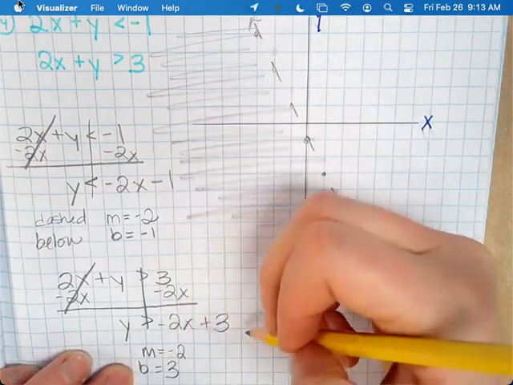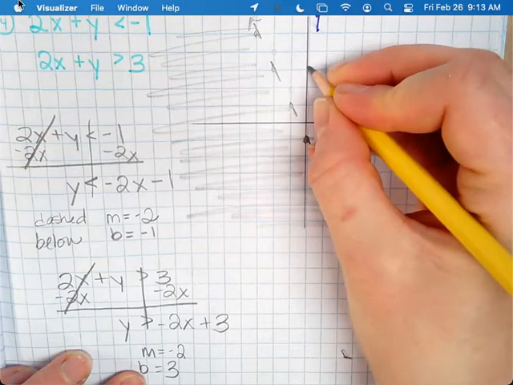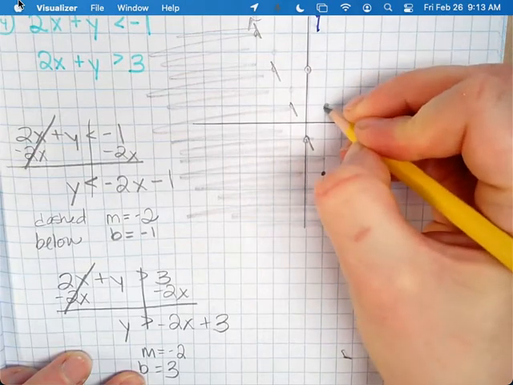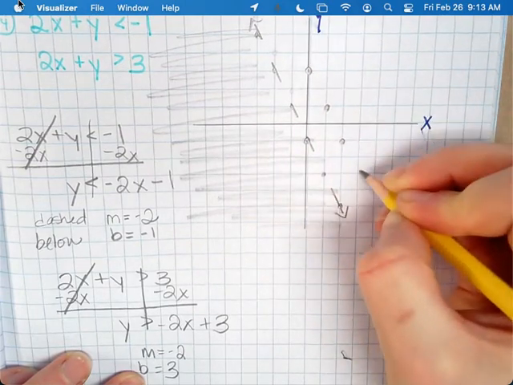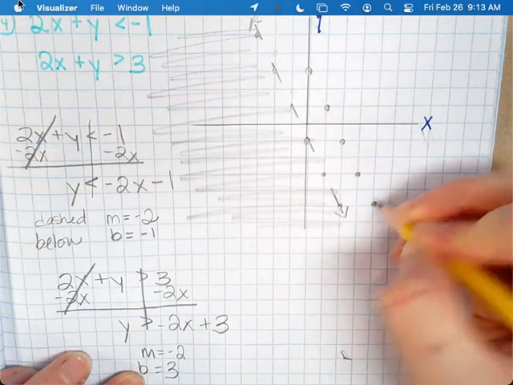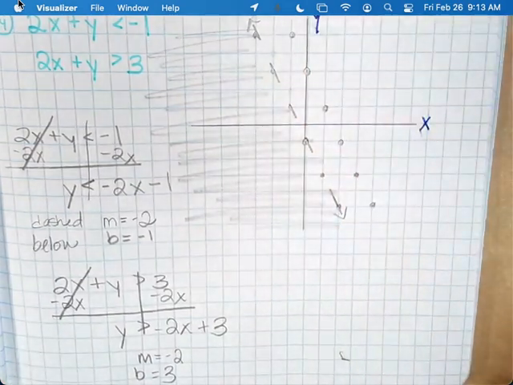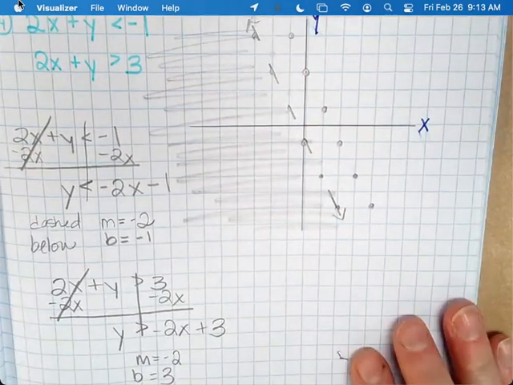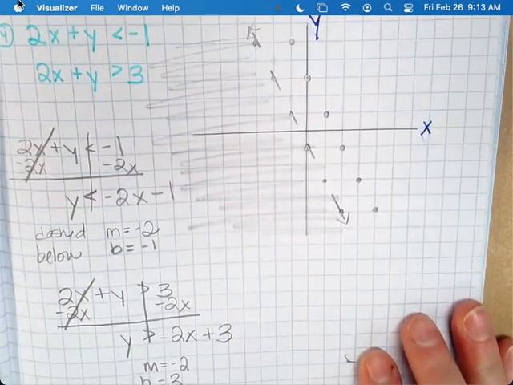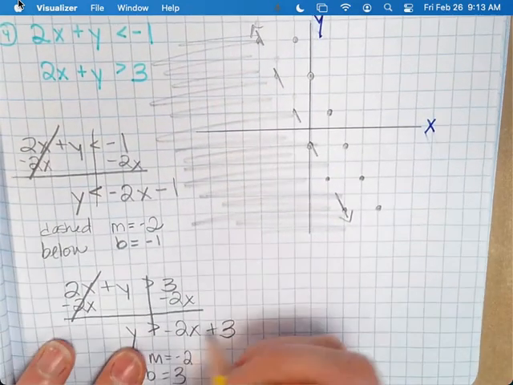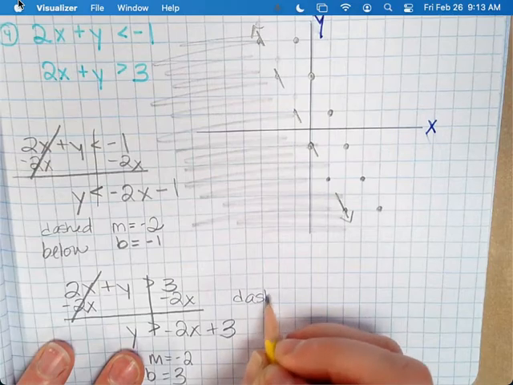So we have 3, and then down 2 over 1. What do you notice about the lines? Yeah, they're parallel. And it's going to be dashed.